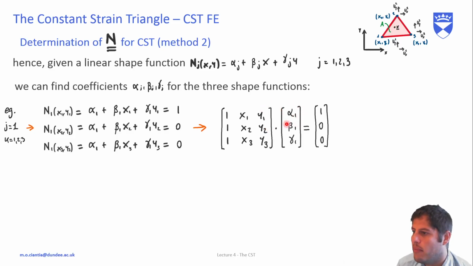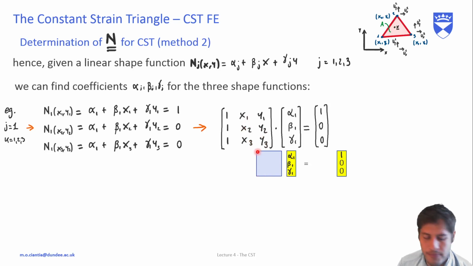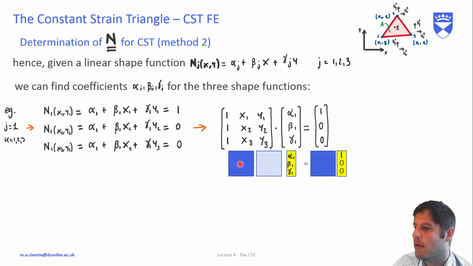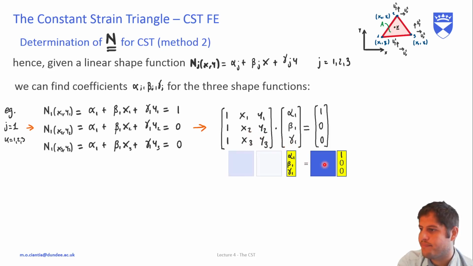So how do we determine alpha, beta, and gamma 1? Well, we have to invert this matrix and so multiply by the inverse on both sides. What does this mean? So if this is this vector, and let's color this as this matrix here. If we multiply left and right by the inverse, which I color in the dark blue, then this will cancel out with that, and we're left with the inverse of that.